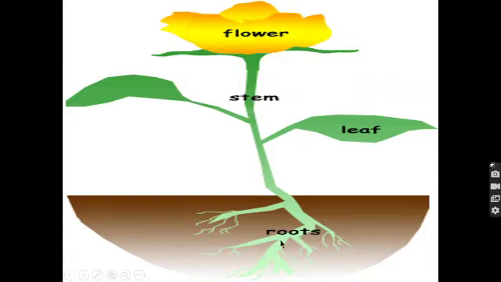And you know the roots absorb water, they suck water from the soil, and the stem transports this water to other parts of the plant, means to the leaves and to the flower, and leaves make food for the plant because the food making process takes place on the leaves. The photosynthesis process takes place on the leaves, and these are the flowers, and flowers change into fruit, and you know that inside the fruit there are seeds.